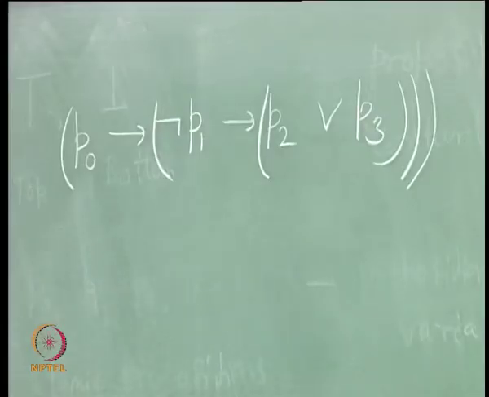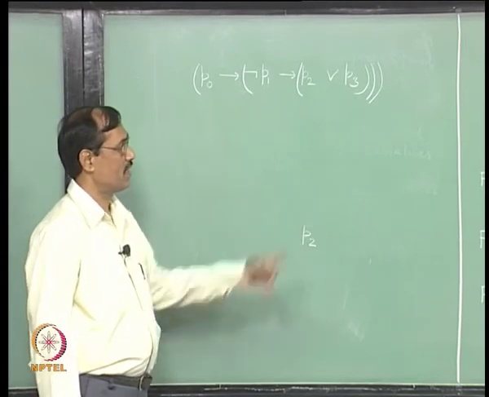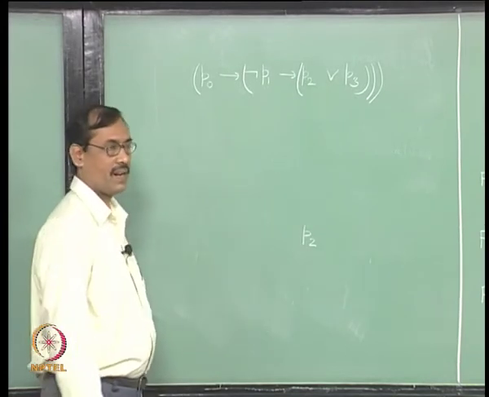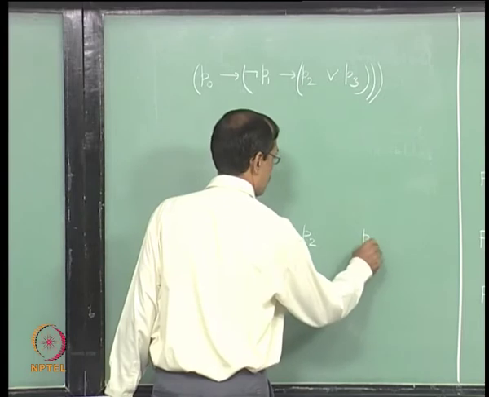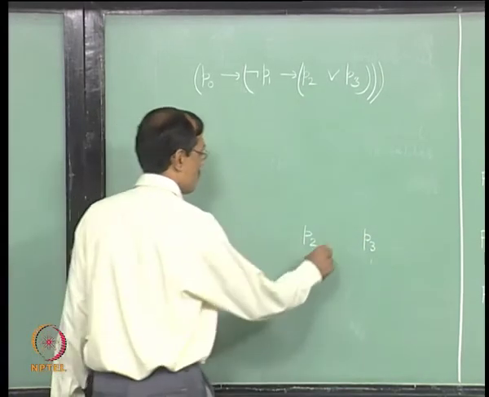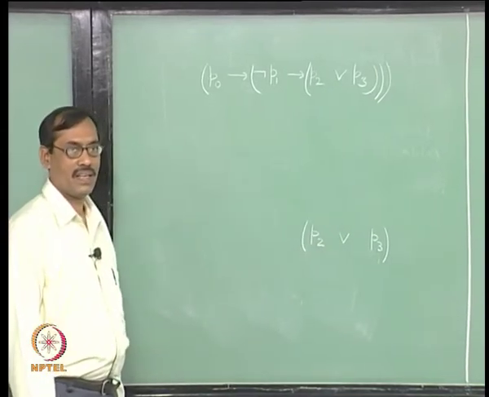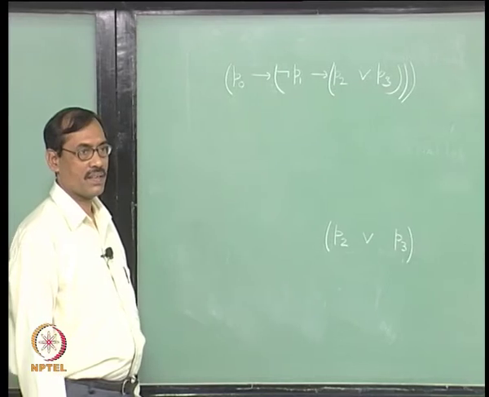So, I could have started this way, say P2 is a proposition, okay, by FR1, P3 is a proposition again by FR1, then P2 or P3 with parenthesis is a proposition by FR3. Okay.